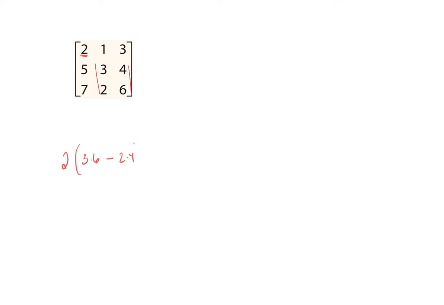Minus 2x4. All right, that's my first diagonal. Minus 1. And then I'm going to look at the next 2x2 that's left over. If I use this 1 and ignore these, it's going to be this guy and this guy. So I'll say 5 times 6 minus 7 times 4. And then plus my leftover 3.